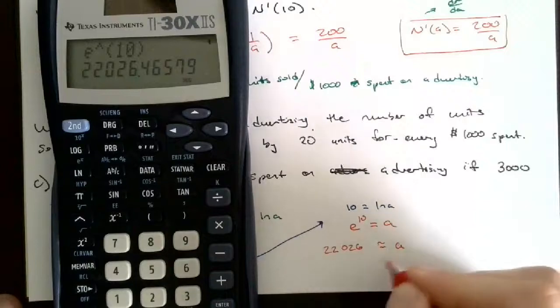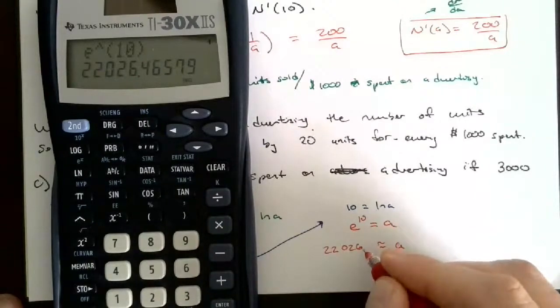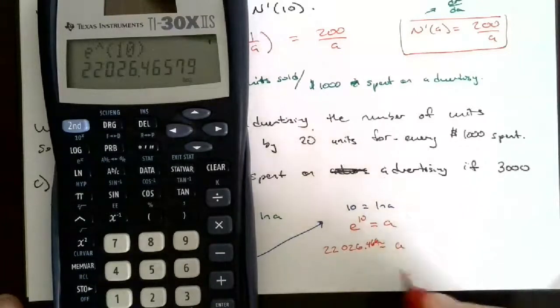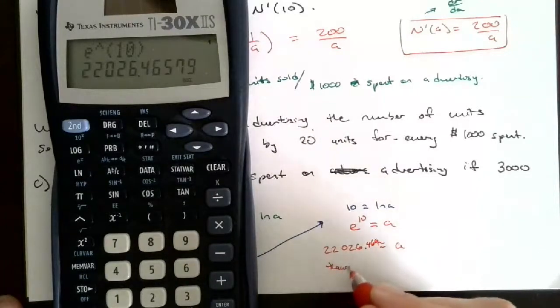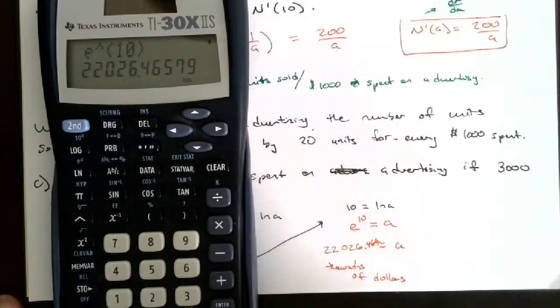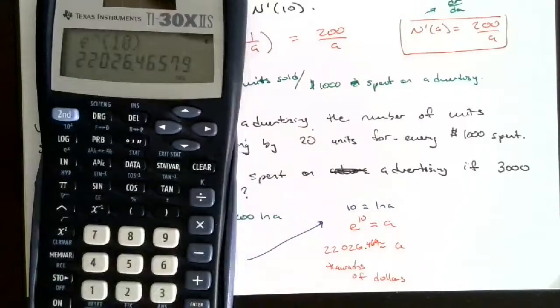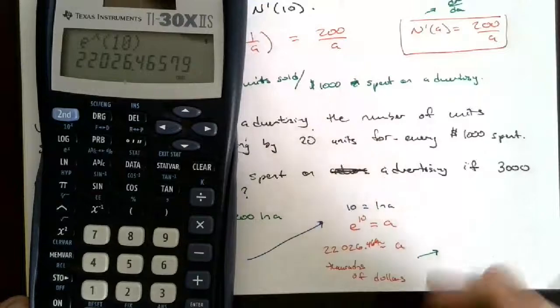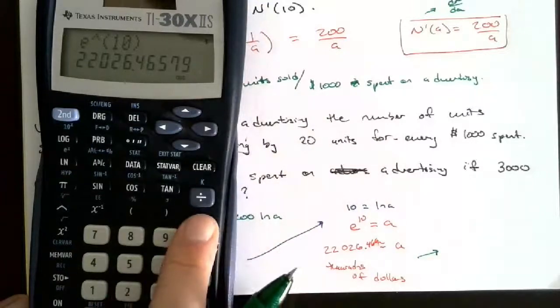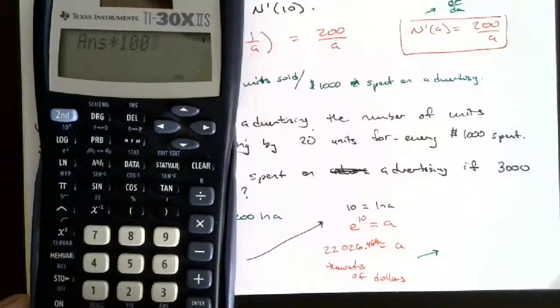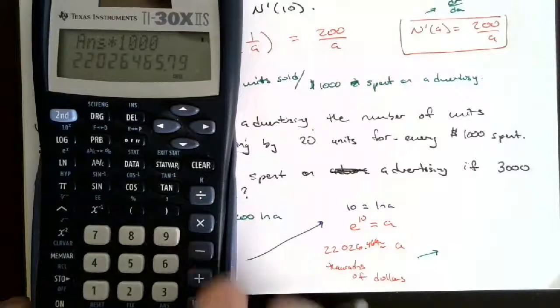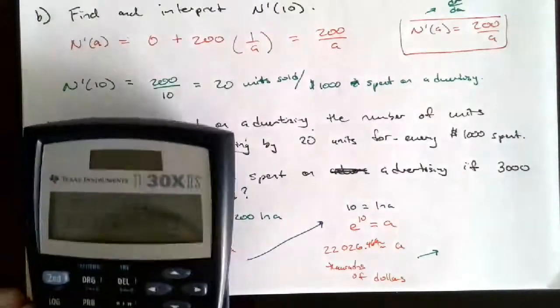And remember, this is in thousands of dollars. Right, this is thousands of dollars. So 22,026.466 thousands of dollars. To get this to be in dollars, you would multiply this times 1,000, because it's in thousands of dollars.